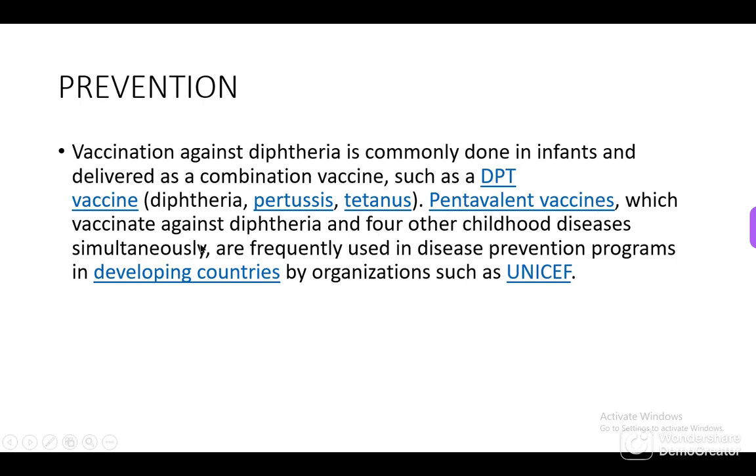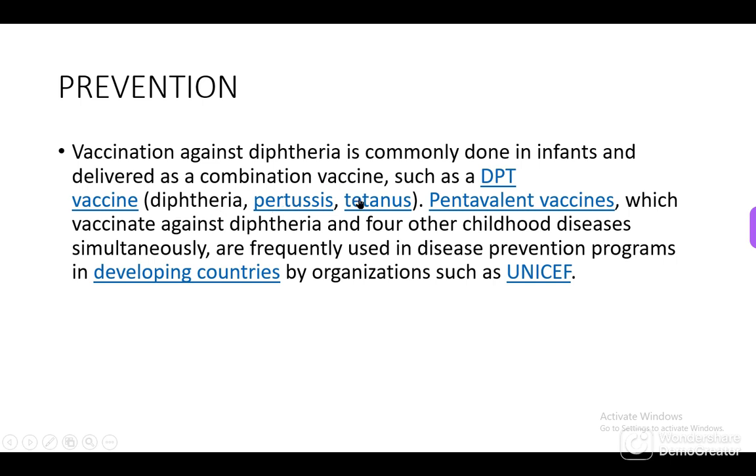Pentavalent vaccines, which vaccinate against these, are also polyvalent vaccines which we are using here for other childhood diseases. For example, you add the tuberculosis vaccine, BCG, and OPV, oral polio vaccine.